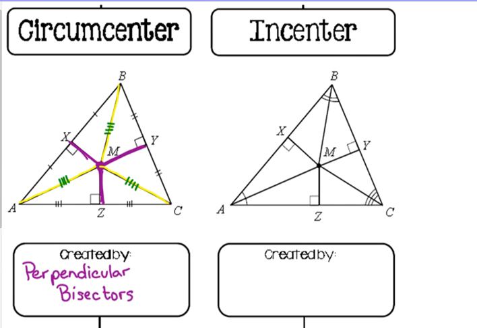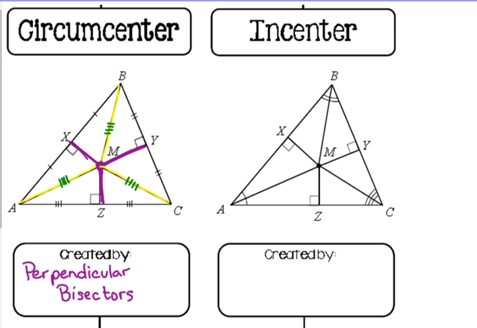Let's look at what we've got for the next one, the incenter. This time, we're going to focus on AM, BM, and CM. Does anybody know what those may be? What's going on with AM, BM, and CM? They cut the angles in half.